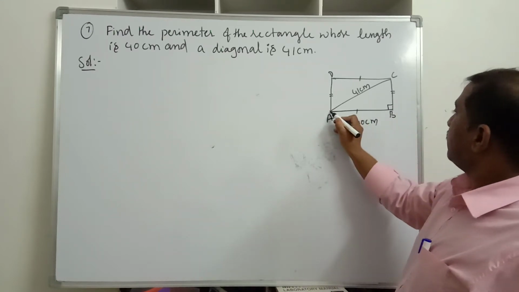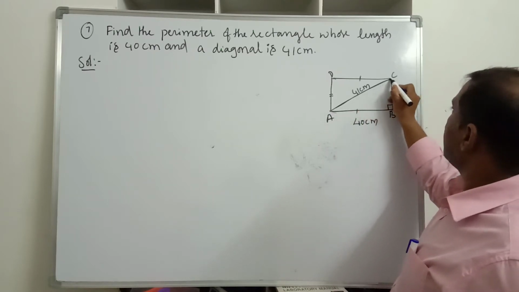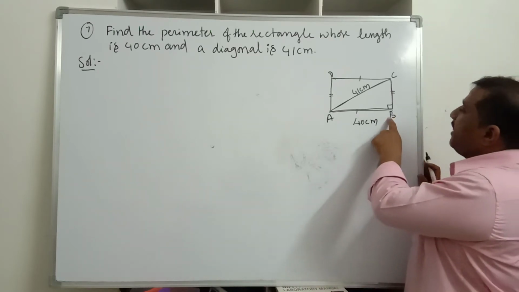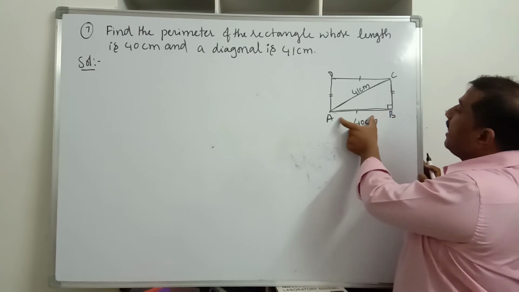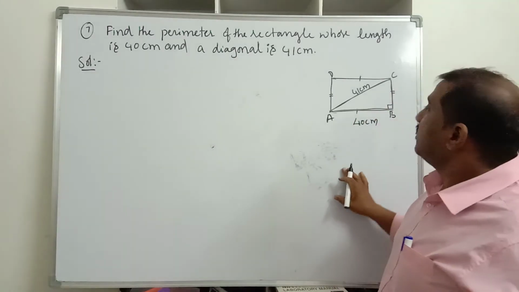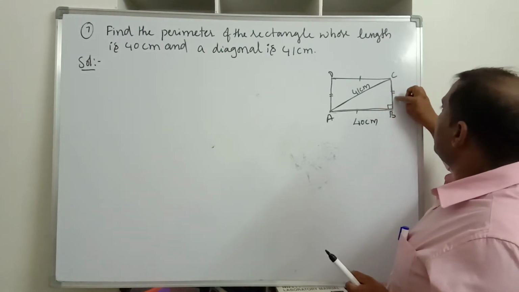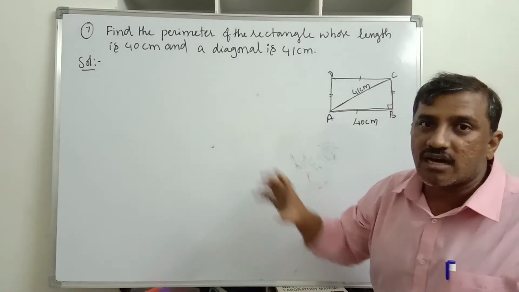Now ABC, this is what type of triangle? It is a right angled triangle. In the right angle triangle, angle B is 90 degrees. Therefore AC will be the hypotenuse. AB and BC are the two sides. So apply the Pythagoras theorem. We know two sides of the right angle triangle, the third side we don't know. We will find the third side by using the Pythagoras property.